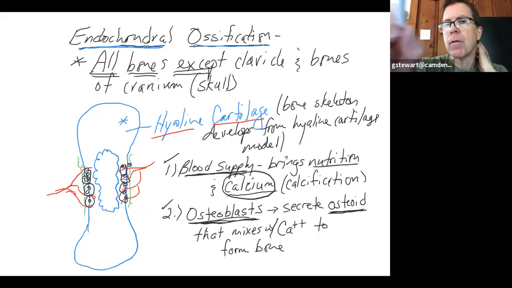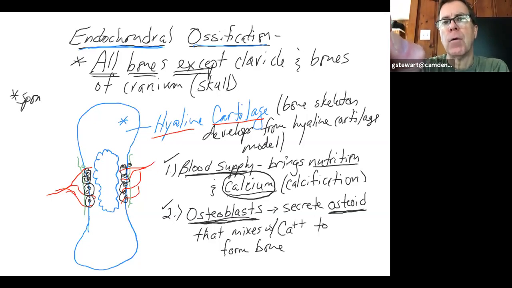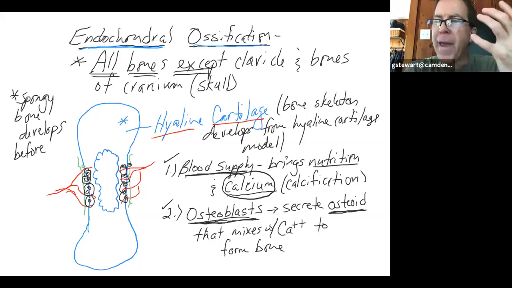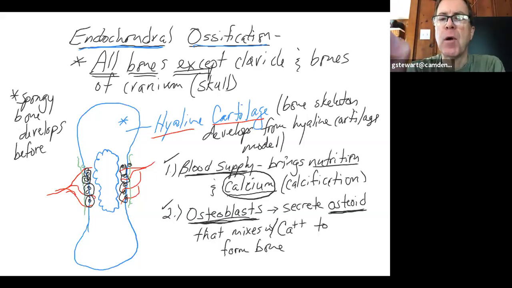Now, the last thing I'm going to write over here is that almost always, when we have new bone tissue developing, spongy bone develops before compact bone. So when we're making new bone, spongy bone almost always develops first.